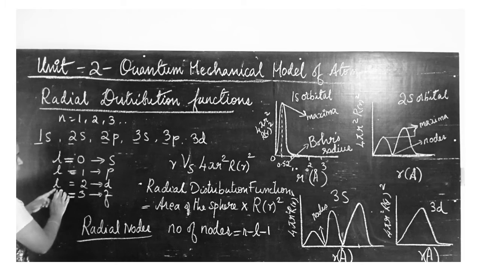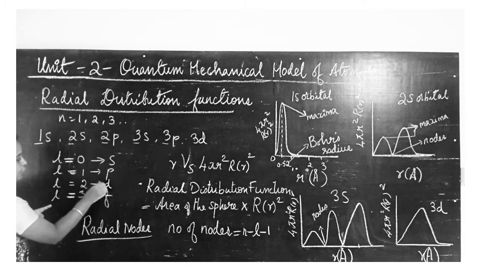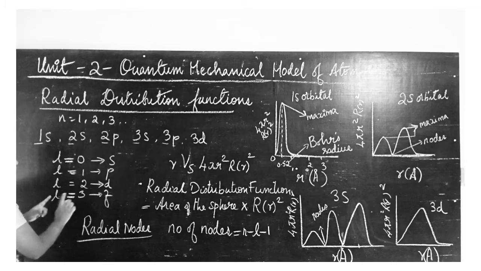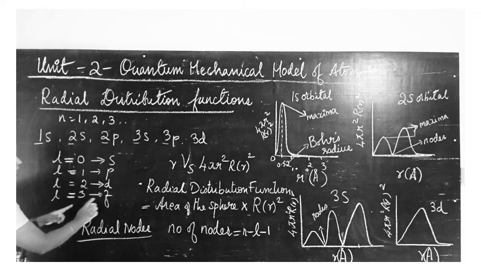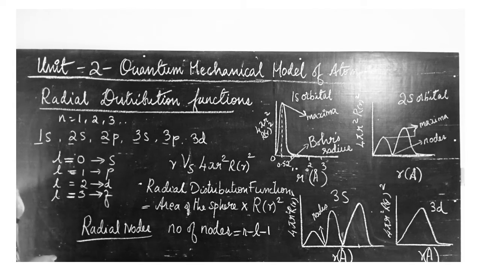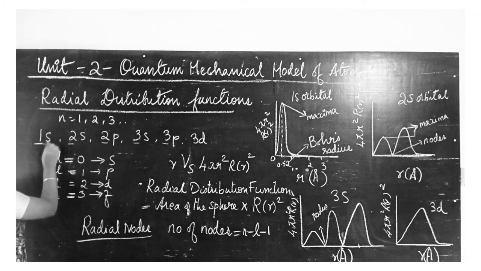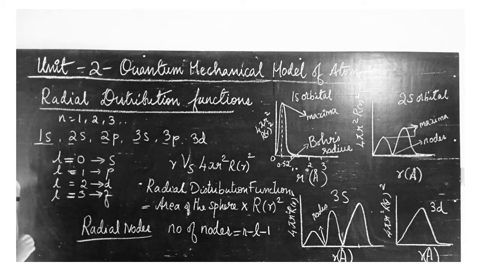When the value of l is equal to 2, that indicates d orbital. When the value of l is equal to 3, then it is f orbital. Fine. So from these orbitals we can find out the principal quantum number and the azimuthal quantum number.